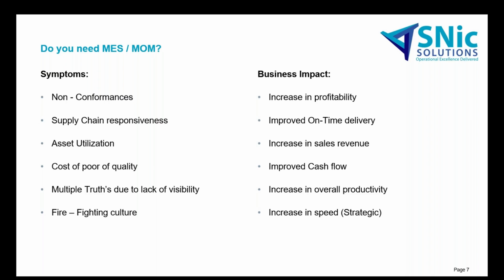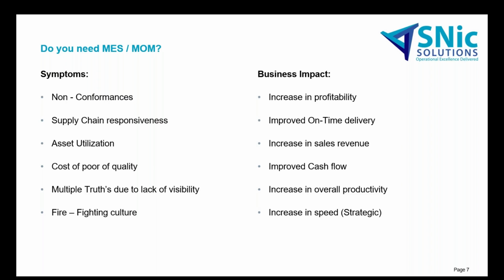And cost of poor quality is where we have seen that removing paper increases coordination and ensures that quality is managed better, reducing the overall lead time for quality activities in your factory or plant, which has a net impact on improved cash flow.